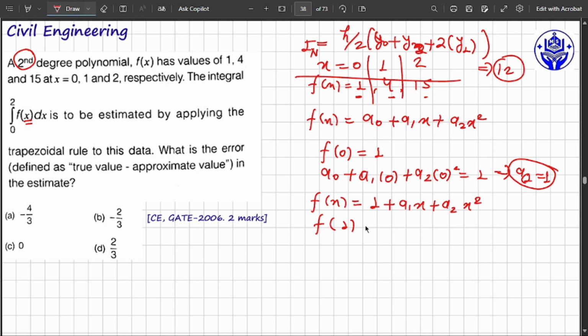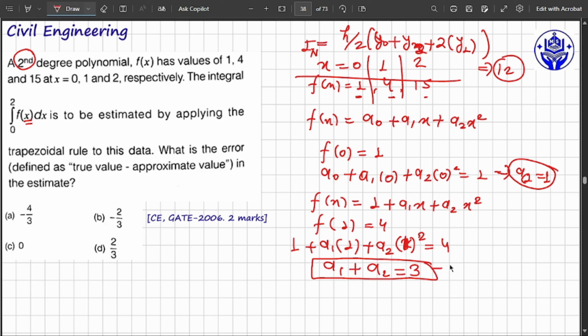If I put x as 1, then I will get 4. It means 1 plus a1 plus a2 into 1 square is 4, so a1 plus a2 is equal to 3. This is equation number 1.